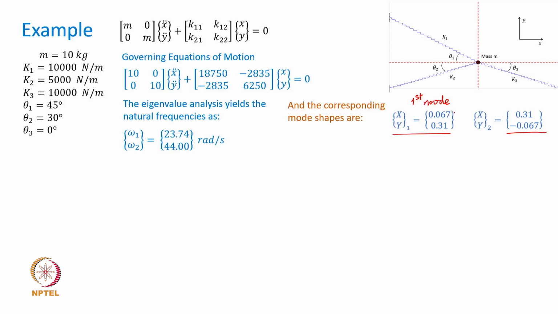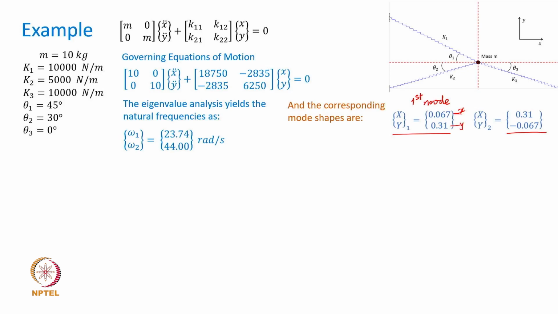This actually means that if x displaces by 0.067 in the x direction, if it is vibrating in only the first mode, that means when it is executing vibration at its first fundamental natural frequency of 23.74, x and y will maintain their displacement relationship in this ratio. That means if x is equal to 0.067 units, y will be 0.31 unit.